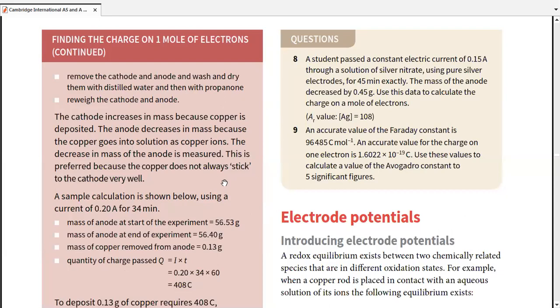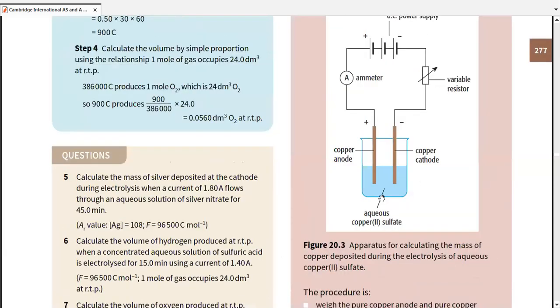What we are going to do is that first of all, this should be equal. Copper depositing over here on the cathode, and the copper leaving the anode should be equal. But what happens over here is that sometimes copper is not able to stick properly on the cathode. So more copper atoms are converted into ions and lost into the electrolyte than the ions moving from the electrolyte and getting deposited on the cathode as atoms.